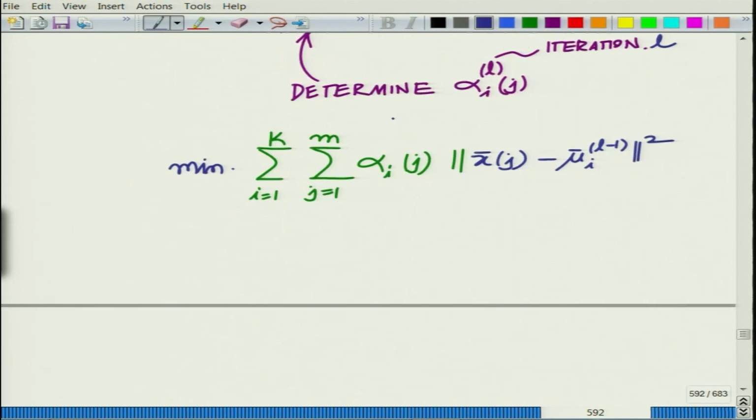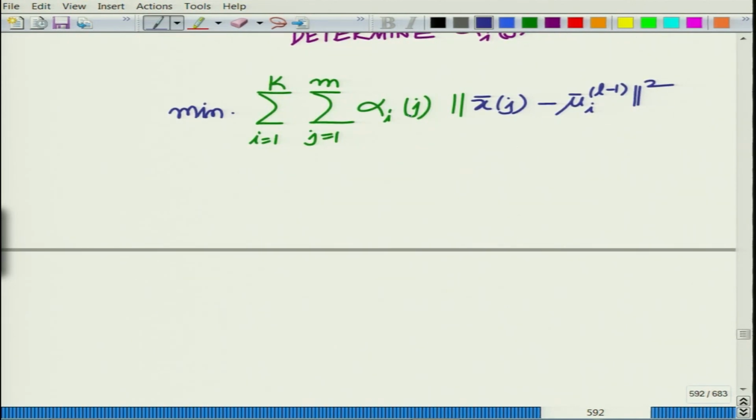So, now look at for each point j, look at what is the alpha.